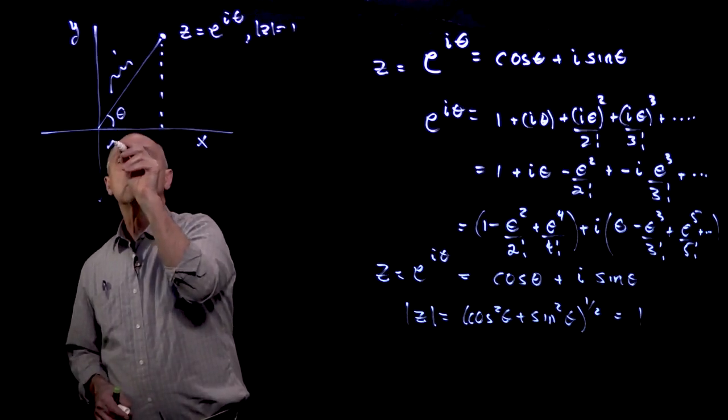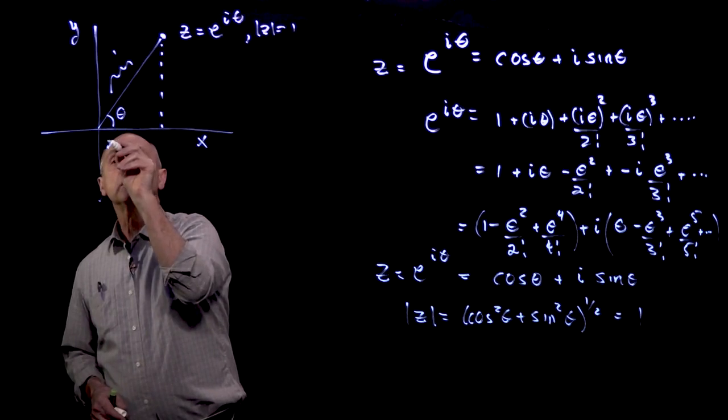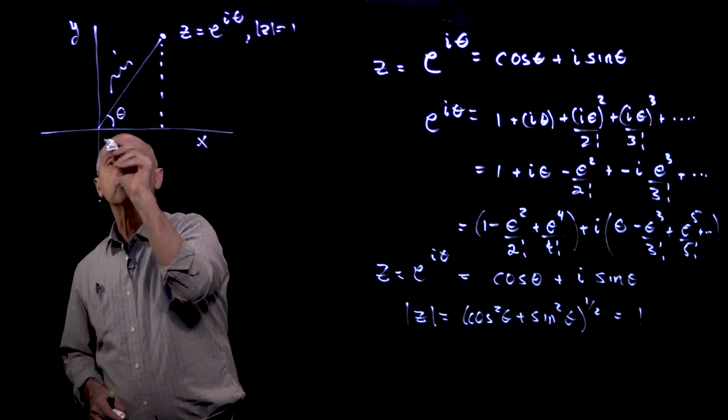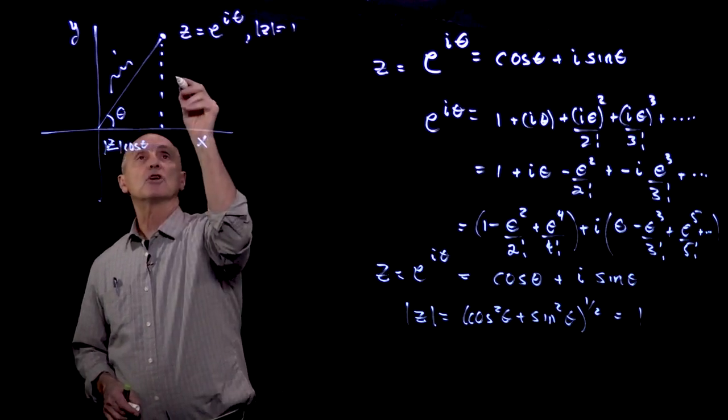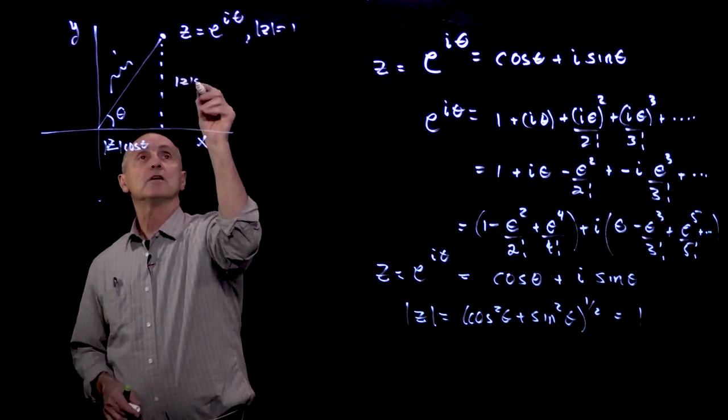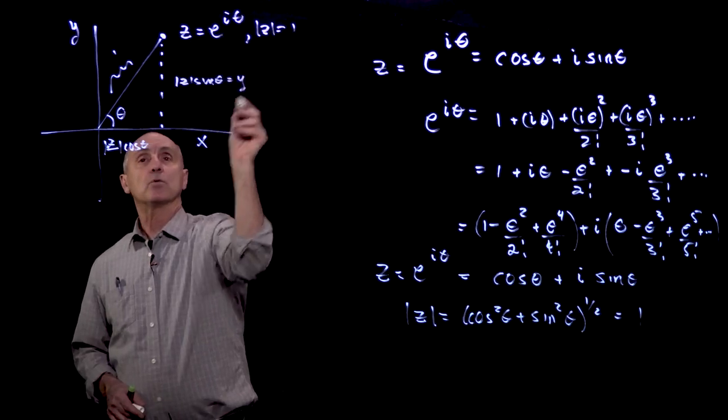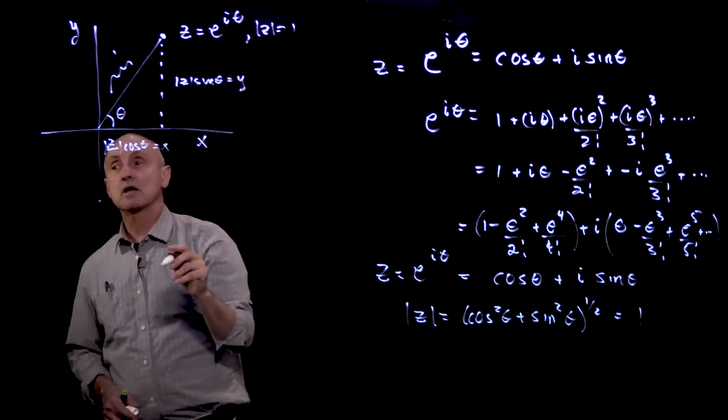This is the modulus of z. So we can write the modulus of z times cosine of theta. And this is just modulus of z sine theta. That's y. That's x.